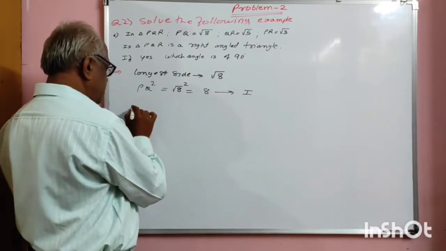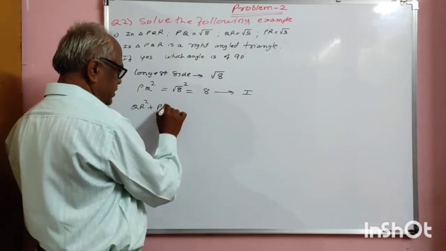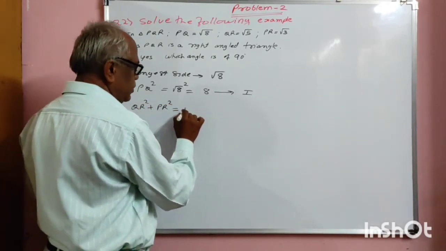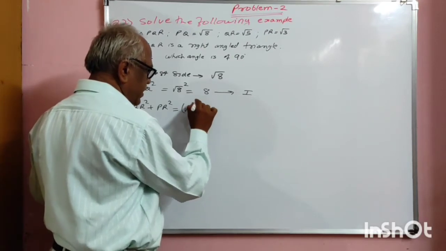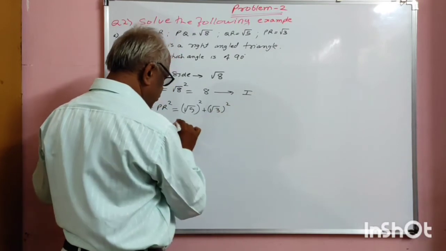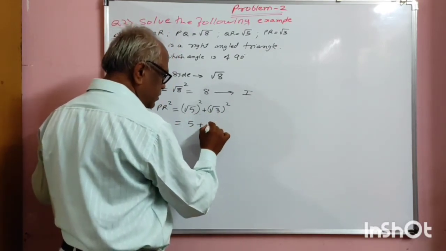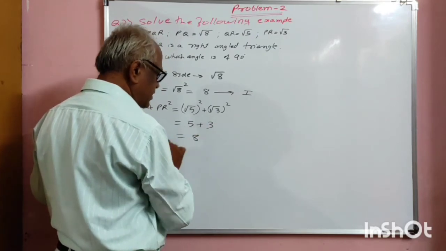Now the remaining sides QR square plus PR square, which is equal to root 5 square plus root 3 square. Root 5 square is 5, root 3 square is 3, that is 5 plus 3 it is 8.